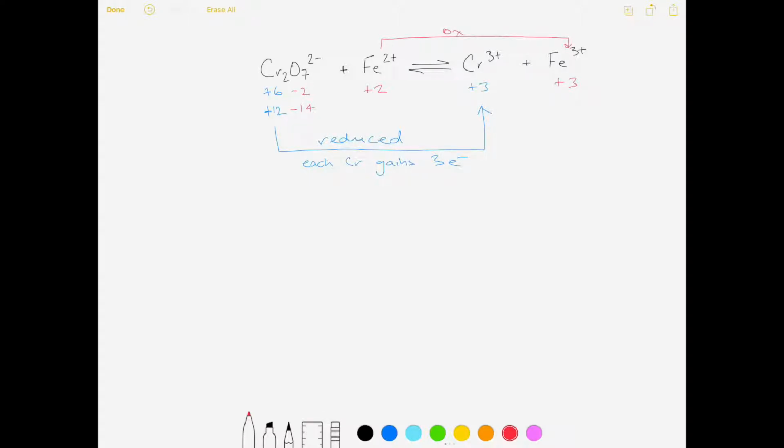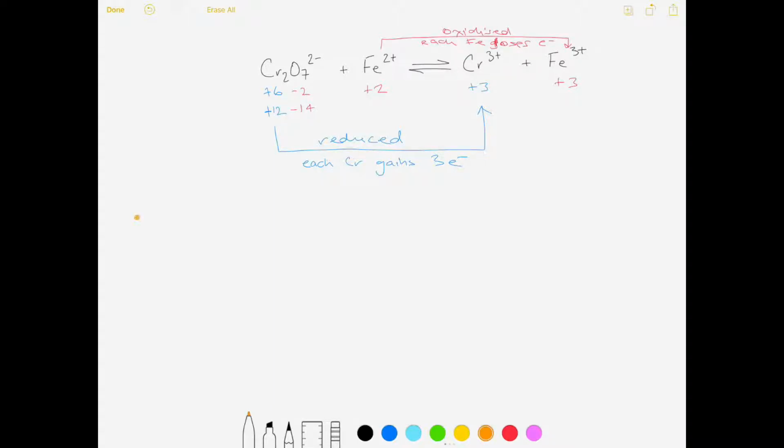Again, in the reaction, we can see that it's been oxidized, where each Fe loses an electron. So the next step, which you should be familiar with, is forming the half equations.